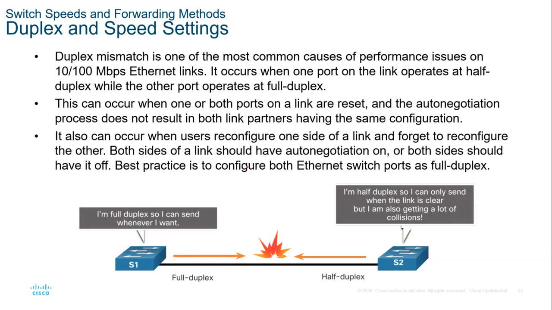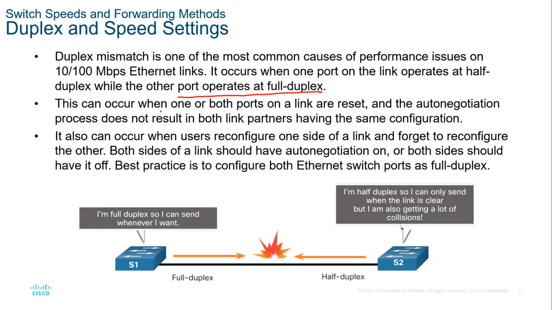Duplex mismatch is one of the most common causes of performance issues on 10 or 100 Mbps Ethernet links. It occurs when one port of the link operates at half duplex while the other port operates in full duplex.